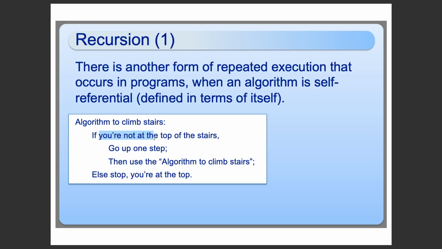If "you're not at the top of the stairs" is false, then it must be true that you're at the top of the stairs, so you stop. All the algorithm knows how to do is go up one step. That's the only work it does. But it can reach the top of an entire staircase by continuously invoking itself over and over again until you reach the top.